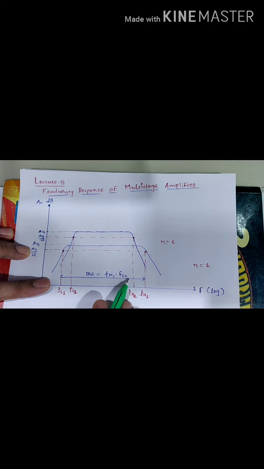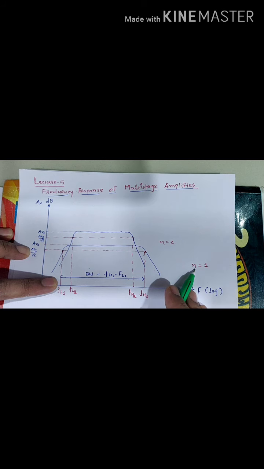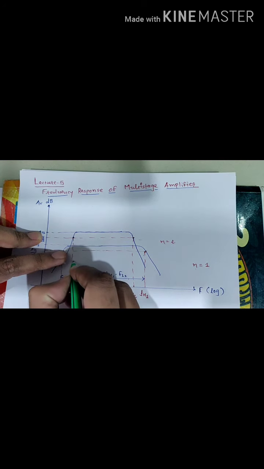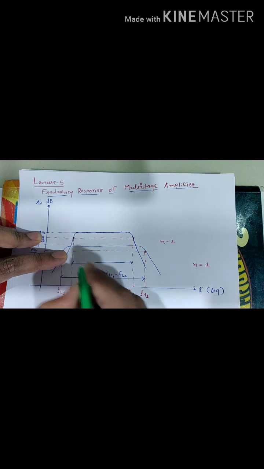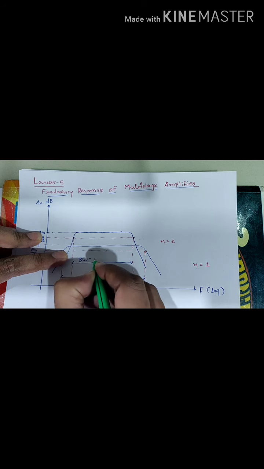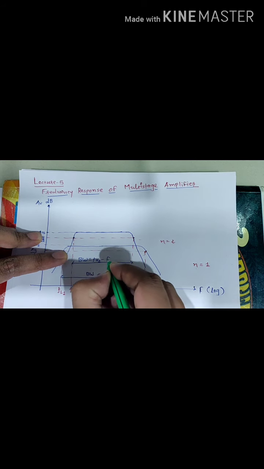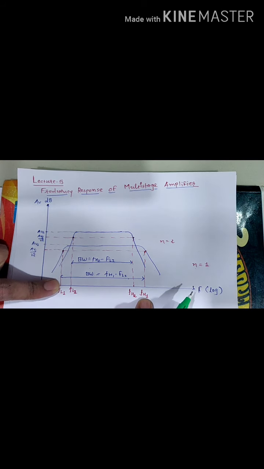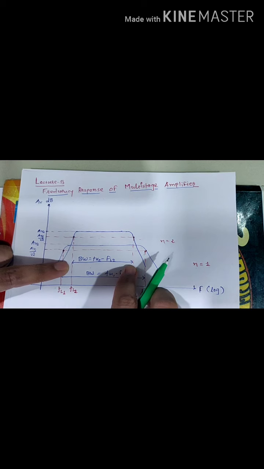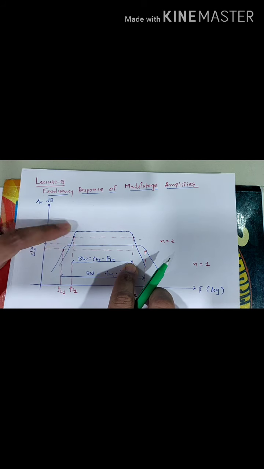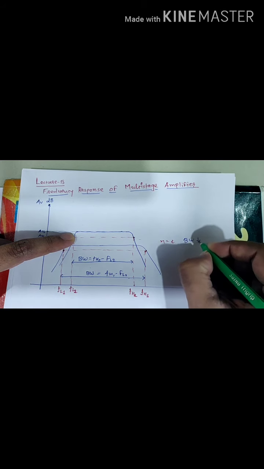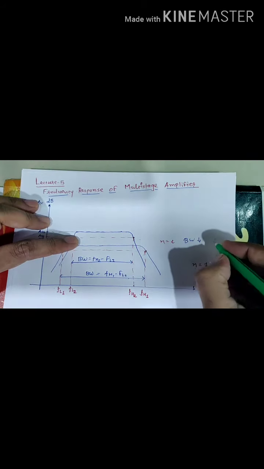This was the bandwidth of the amplifier after stage 1. When we connect the second stage, we get this bandwidth, which is FH2 minus FL2. As we can see from this graph, after stage 2 the bandwidth decreases and the gain increases.